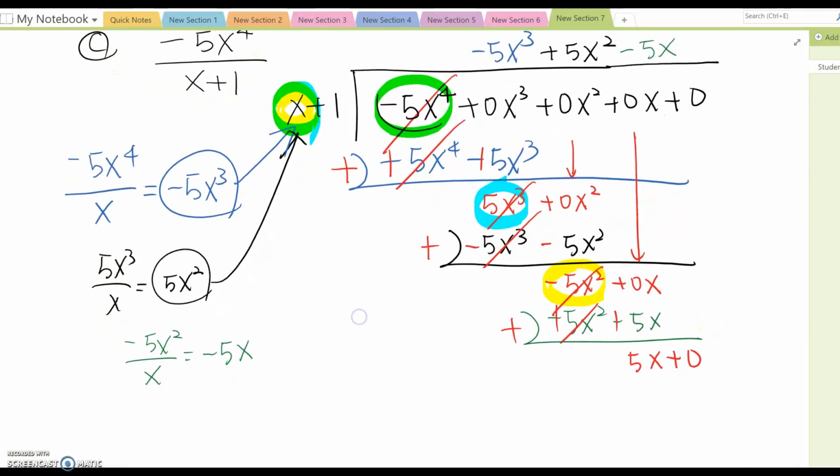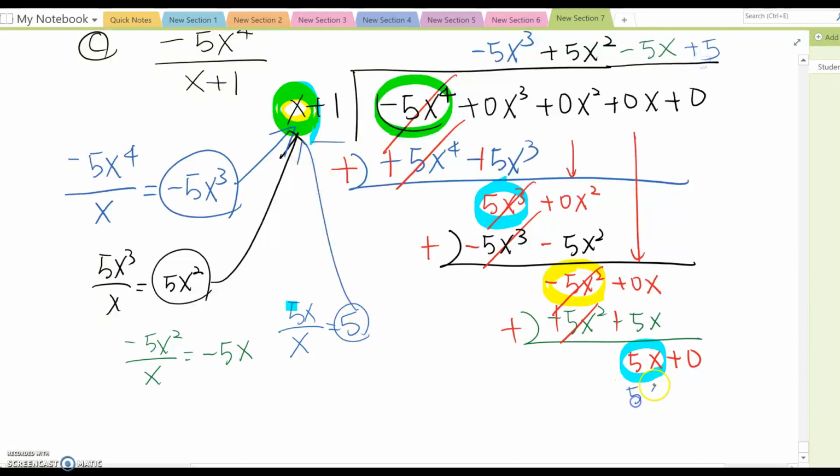Like we did before, we keep on comparing the leading terms. So 5x over x becomes 5. So put plus 5 and multiply: 5x plus 5, and you subtract, which means switch their signs. So it becomes negative 5 here.